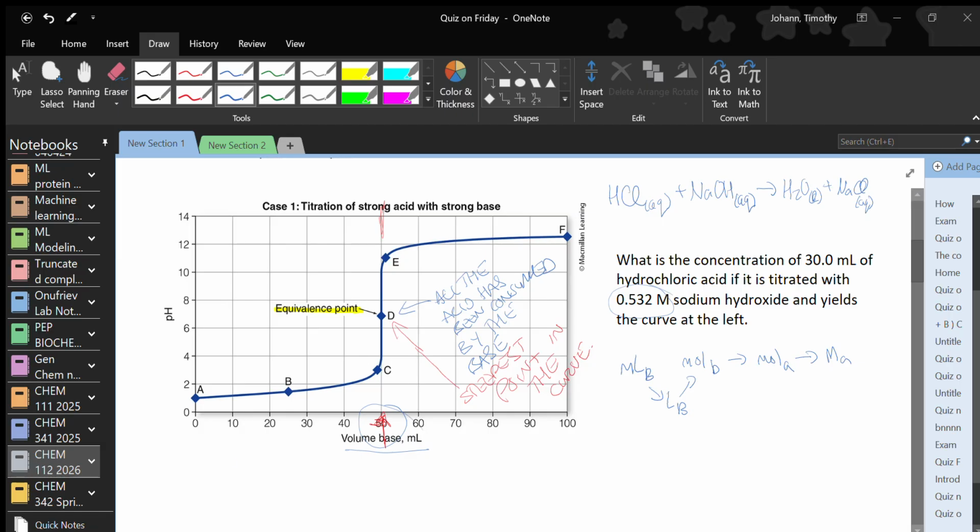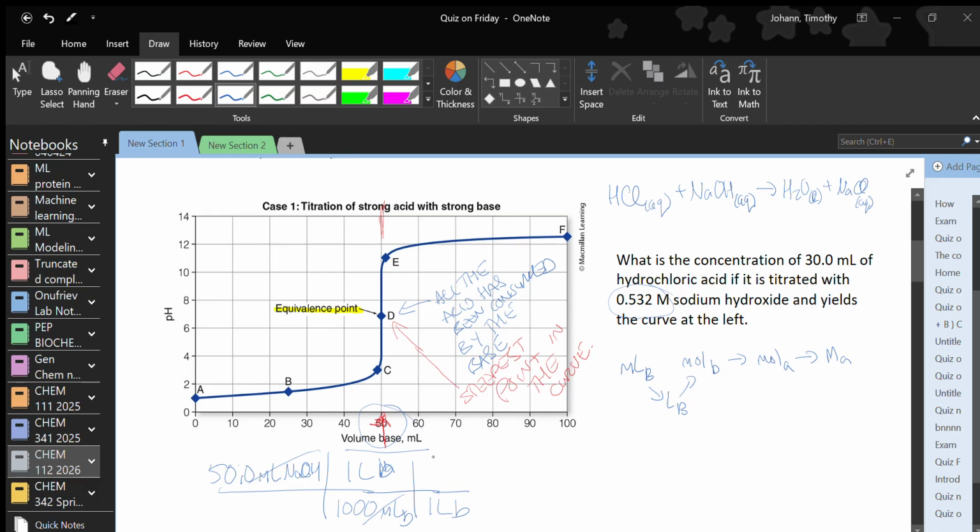Oh, actually, hold on. Let's start with milliliters of base, not milliliters of acid. So I have 50.0 milliliters of base, so sodium hydroxide, and I need to get its liters, so if I have 1,000 milliliters, that's 1 liter. So this cancels with this.